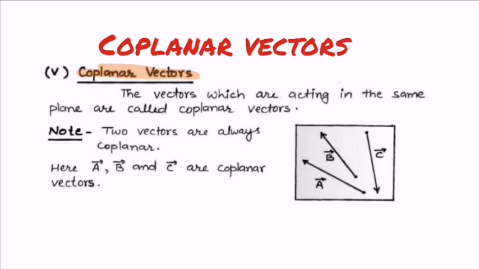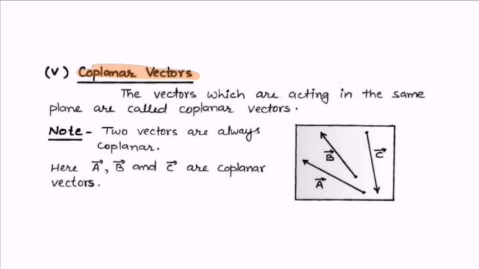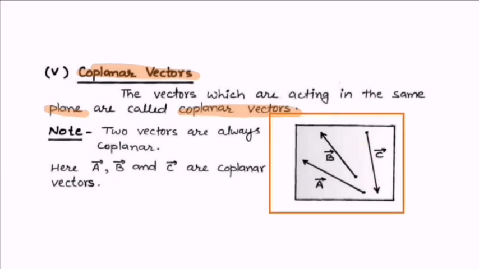Coplanar vectors. The vectors which are acting in the same plane are called collinear vectors. Means vectors which lie in the same plane, as seen in the diagram, are called collinear vectors.